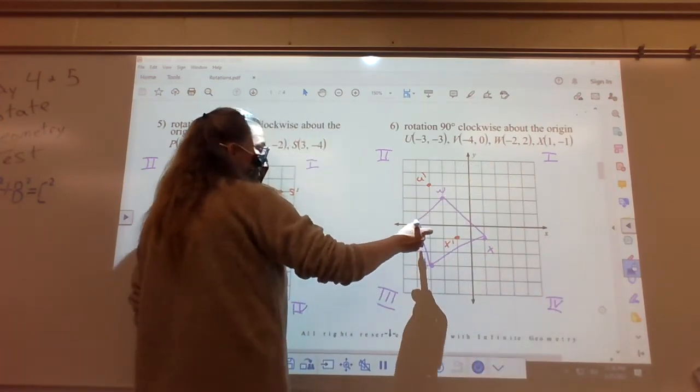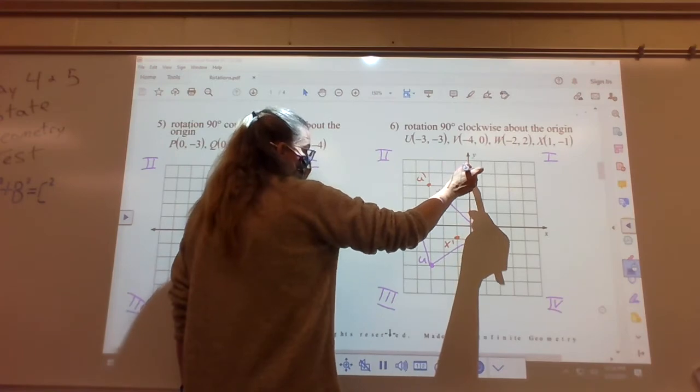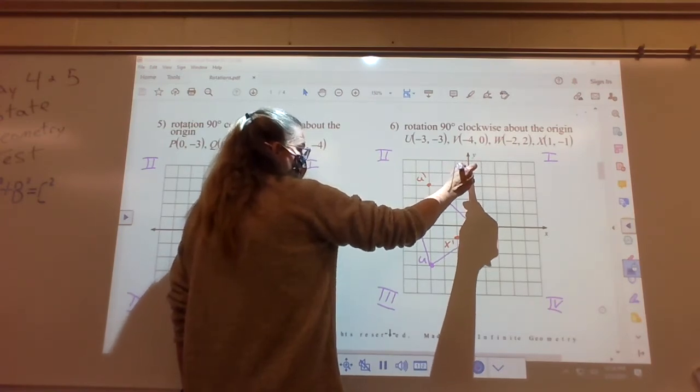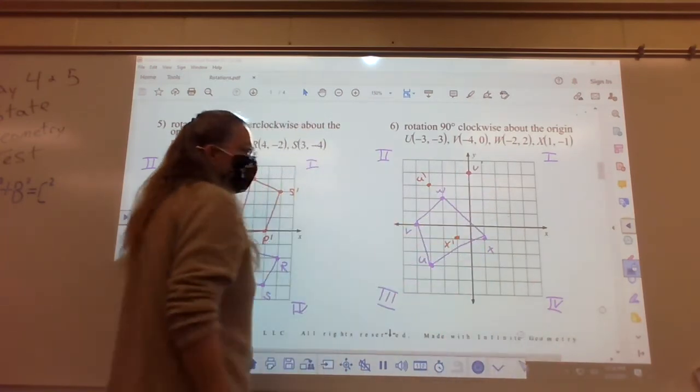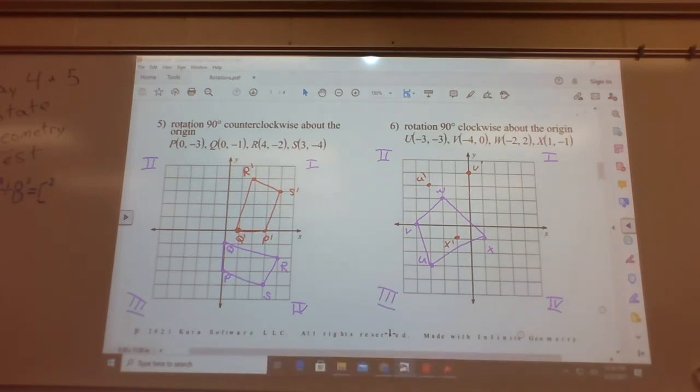Now it's going to spin 90 degrees, and it's going to spin to between 1 and 2. So there's my V. Because if it's on the axis, it's going to stay on the axis. It's just going to move one axis differently.